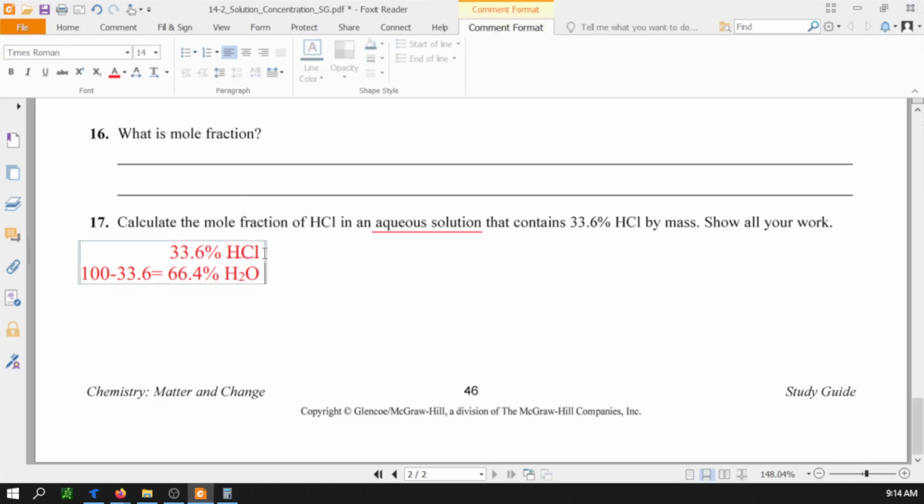That is, I'm going to say that I have a 100 gram sample, and if I have a 100 gram sample, that would mean that I have 33.6 grams of hydrochloric acid in that sample. And that would also mean that I have 66.4 grams of water in that sample.